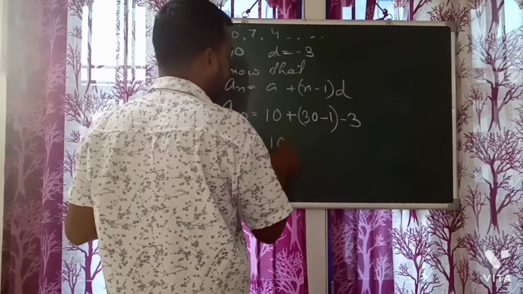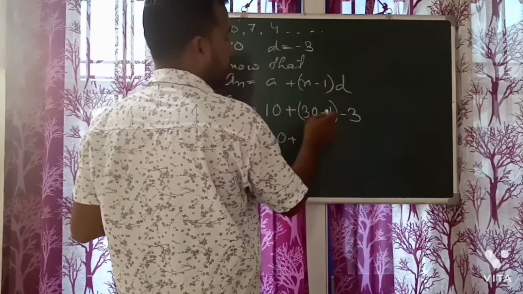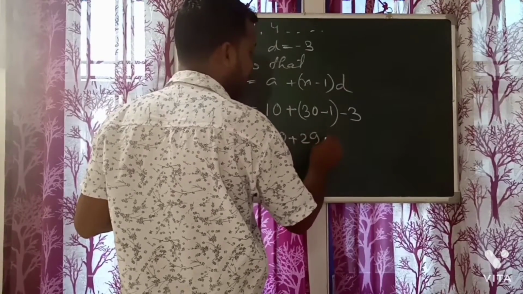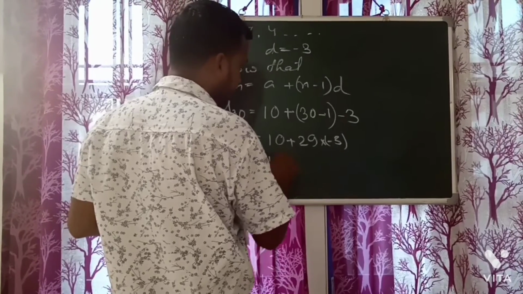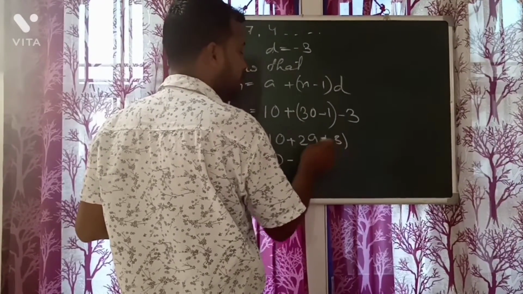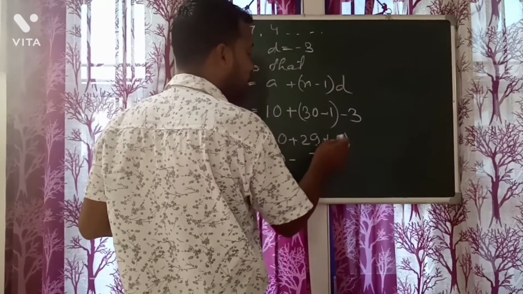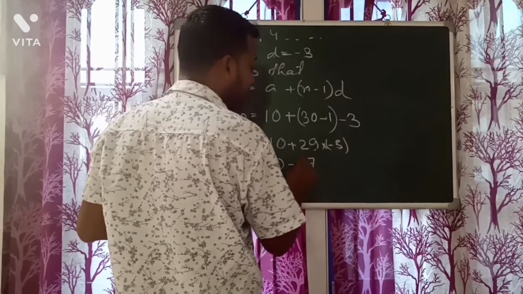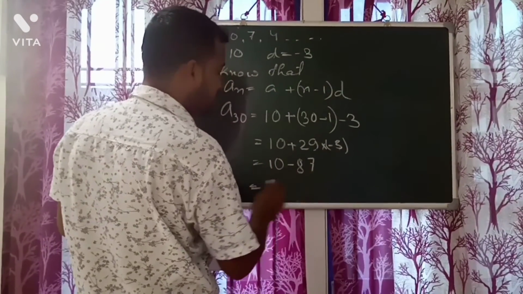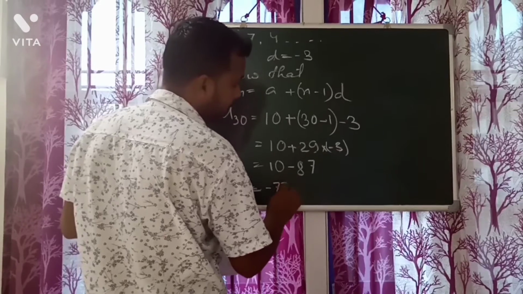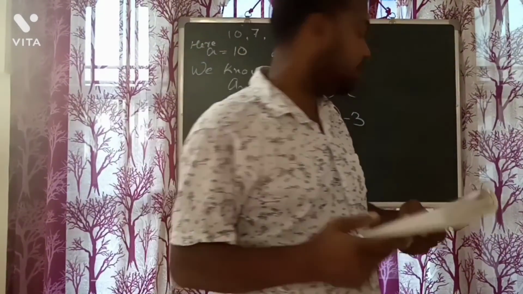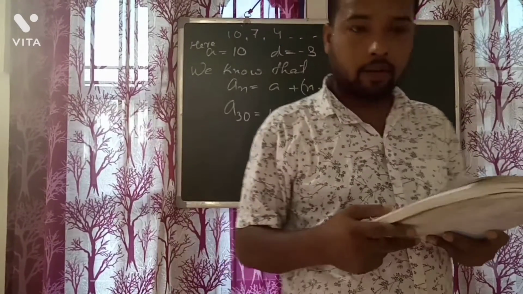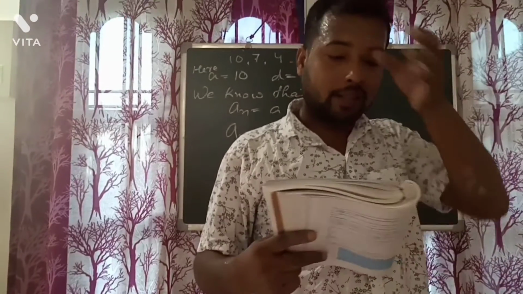That is 10 plus 29 into minus 3, which is 10 plus, with plus into minus becoming minus, 3 9s are 27, 2 left, 3 2s are 6, 87. Now minus is more, it will become minus 77. That means our 30th term will be minus 77. Okay, like this way. The second one is homework for you.